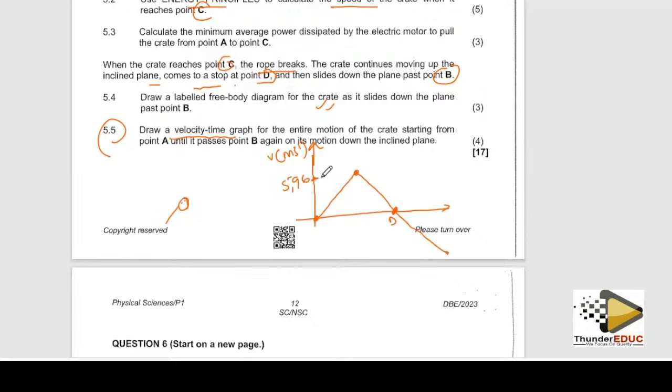What do they want us to do for the entire motion until it passes point P again on its motion down the incline? You can just extend these limits, there's no harm in that. This was time in seconds. Okay guys, I think that's that.